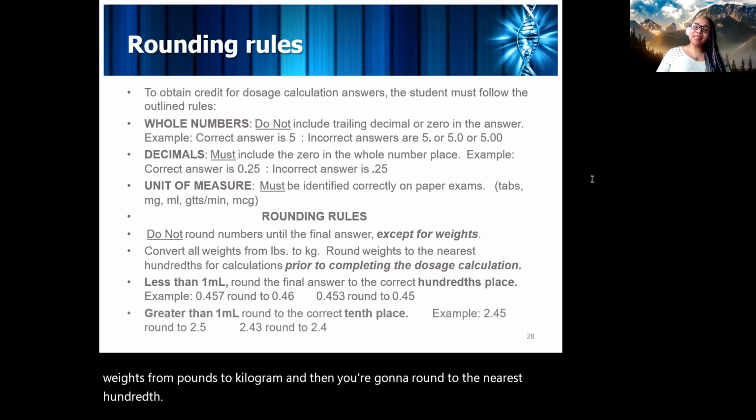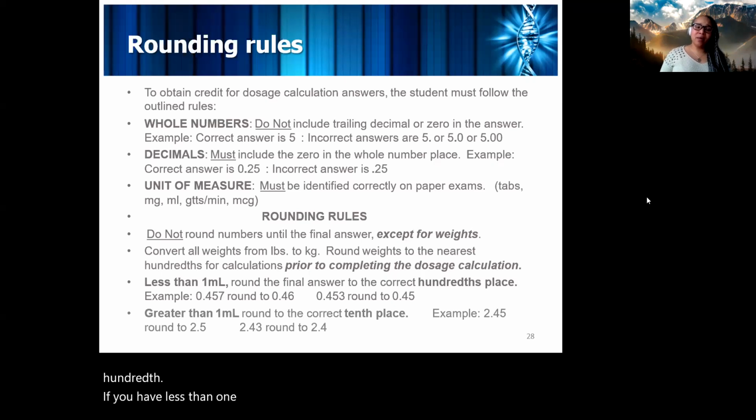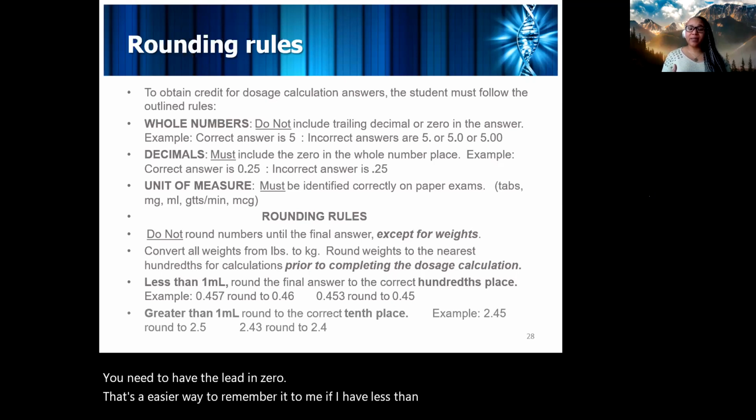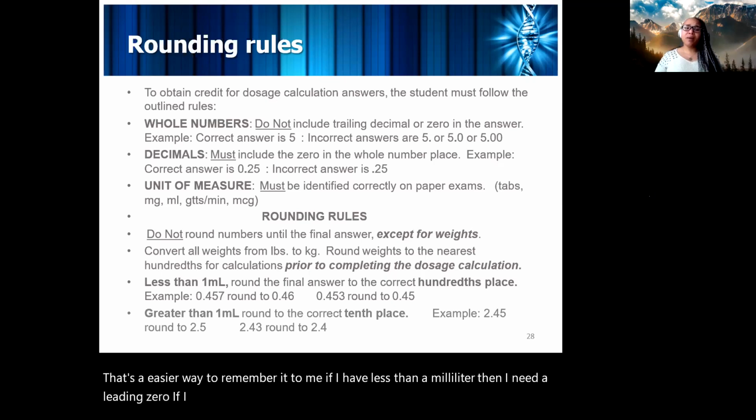If you have less than 1 ml, you need to have the lead-in 0. That's an easier way to remember it to me. If I have less than a milliliter, then I need a lead-in 0. If I have greater than 1 milliliter, then I just drop the 0.